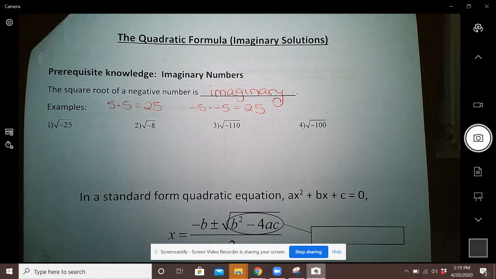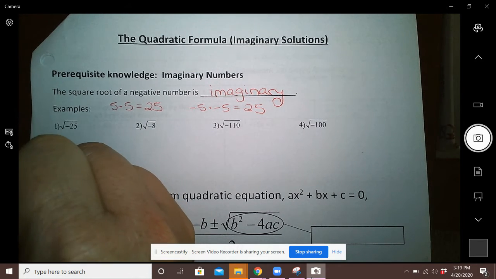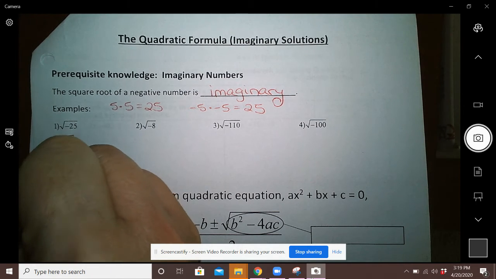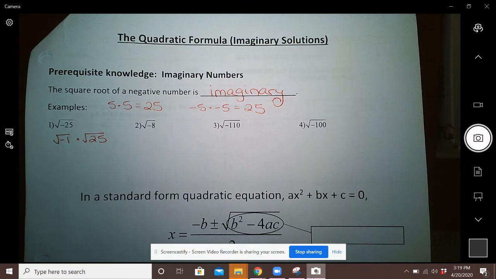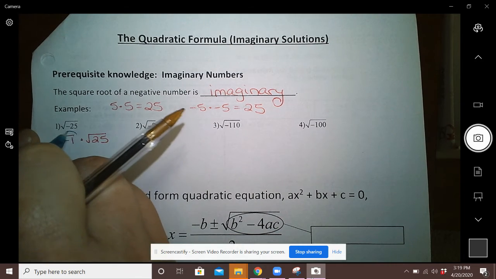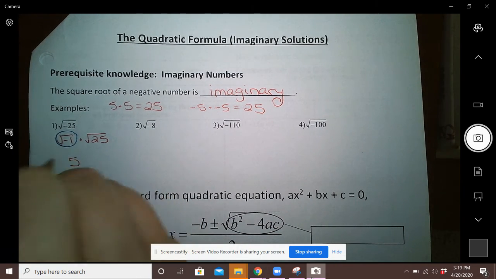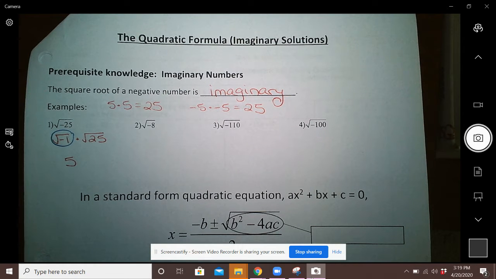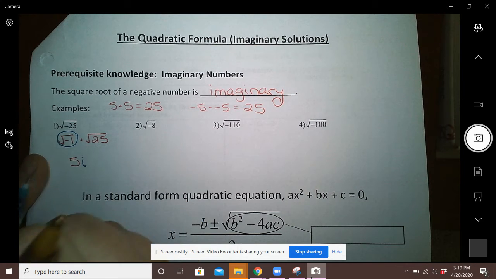So I want to break it up like this. You guys, that square root of a negative could be broken up into negative 1 times the square root of a positive number. And here is our brand new topic. We all know what the square root of 25 is. It's 5. But the square root of negative 1 is defined to be i.